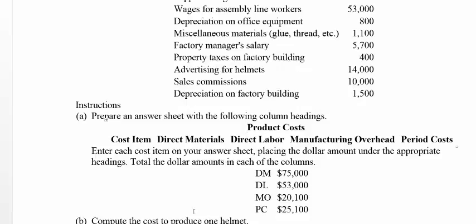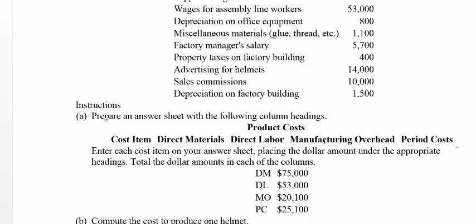All right, and when we say to produce, we're talking about what does it cost us to manufacture or produce one single helmet. So our manufacturing, aka product cost, would then need to be totaled up. DM plus DL plus MOH.